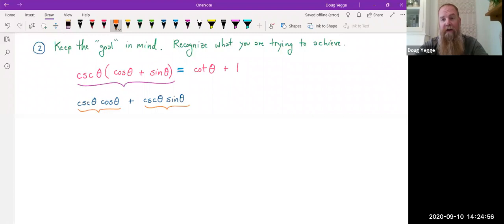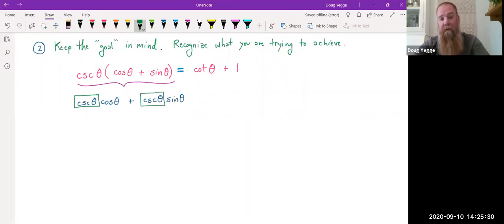Now, although we haven't quite gotten to what the third step is, the third step is to apply fundamental identities. So notice in this case, I don't see any other algebra that I could really use. So I'm going to do my best to start trying to convert this into some other form. So for instance, the first thing I'm starting to think is that maybe it would be a good idea to rewrite cosecant of theta as its reciprocal function.